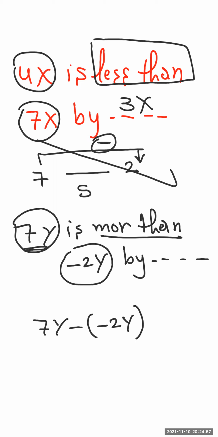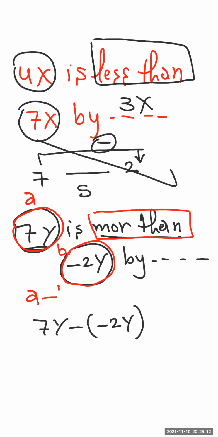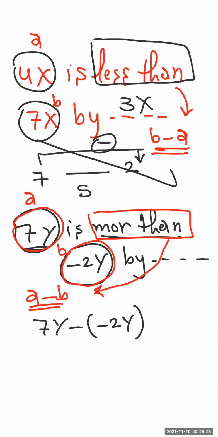The concept here: if it's more than, subtract first minus second. So if A is more than B, it will become A minus B. But if A is less than B, it will be B minus A. This is the difference. Less than: second minus first. More than: first minus second.